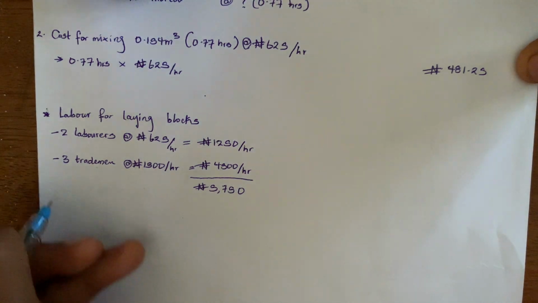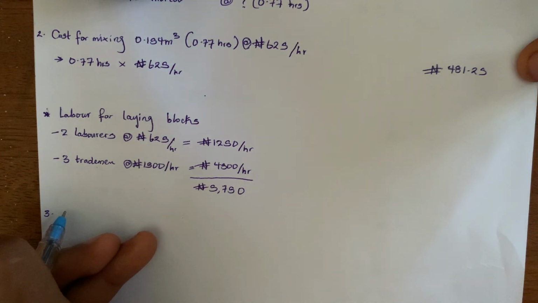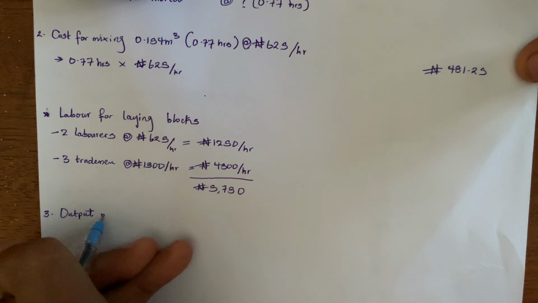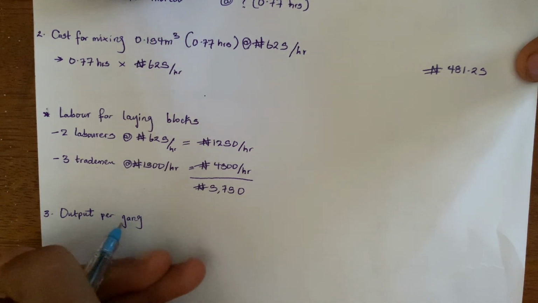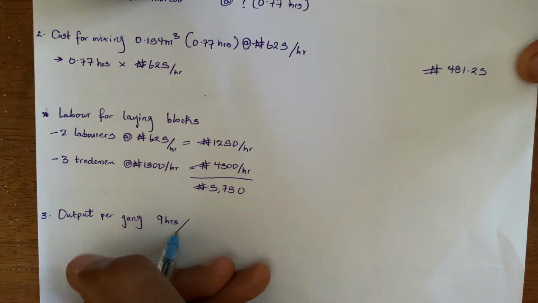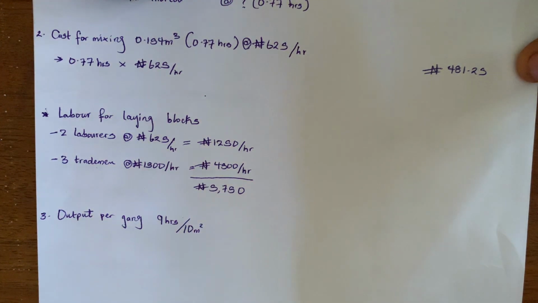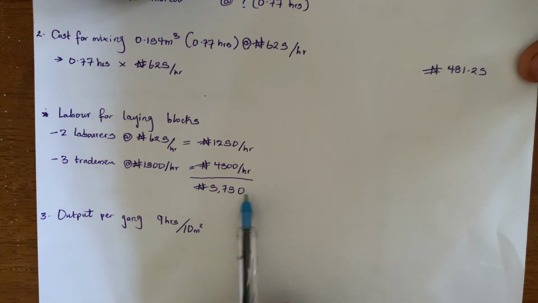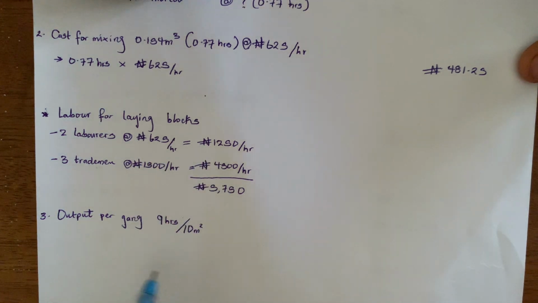So we can now say the output per gang is 9 hours for 10 meters square of block work. So if it will take 9 hours to lay 10 meters square of block work, then we can now multiply the cost for our labor for laying the blocks by 9 hours.